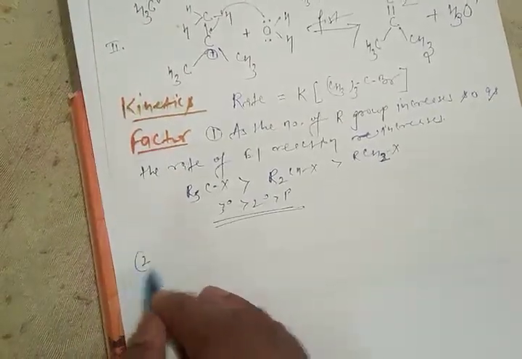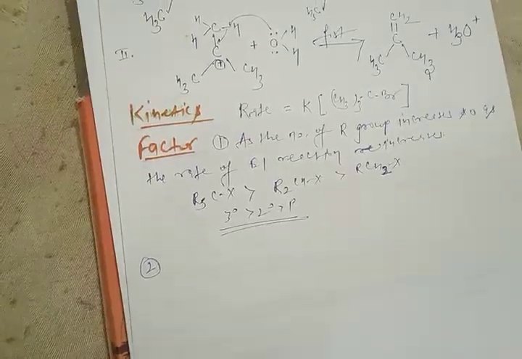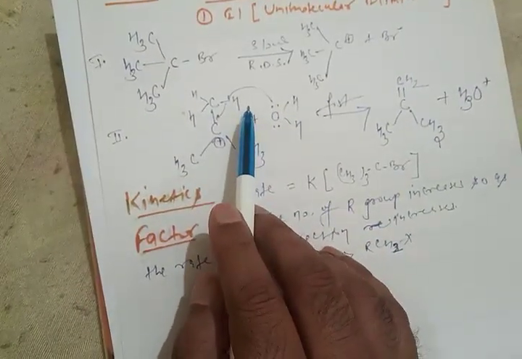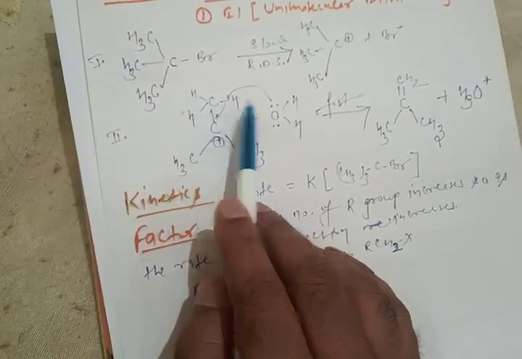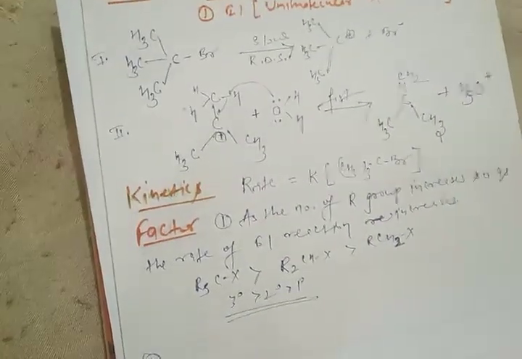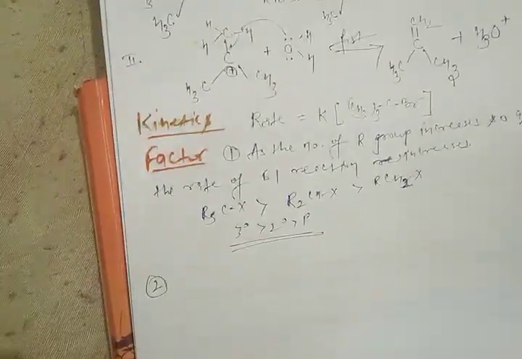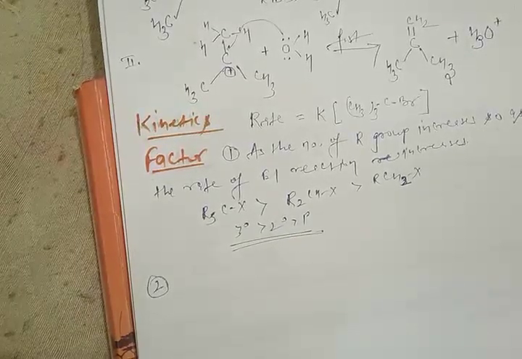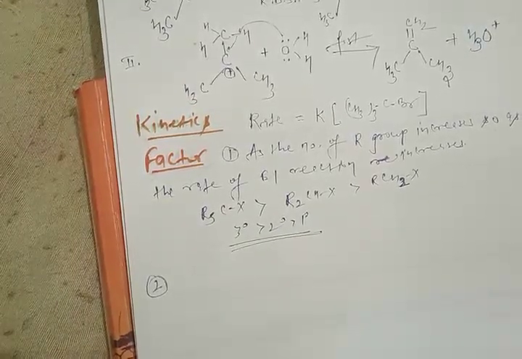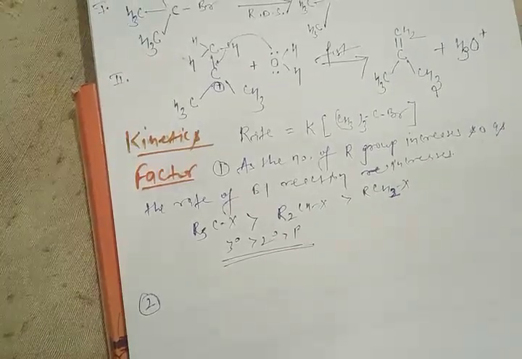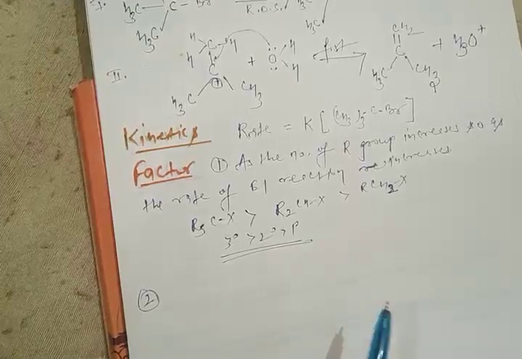Second factor, of course we require not a very strong base, because we only need to abstract this proton. So we need a stronger base here, not a weaker base, because we need to abstract the proton.